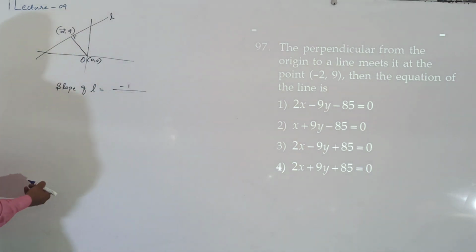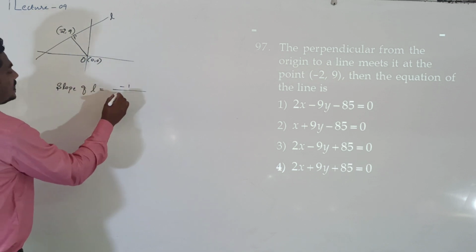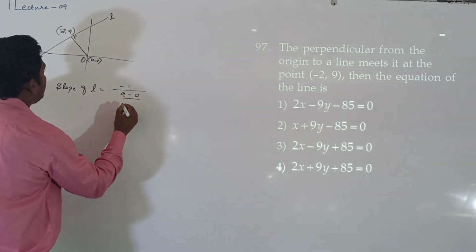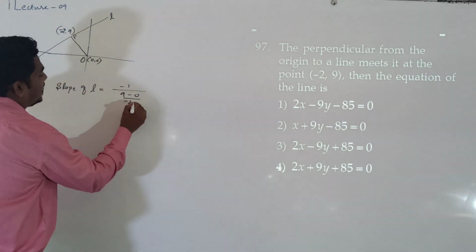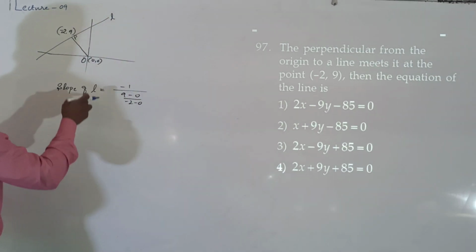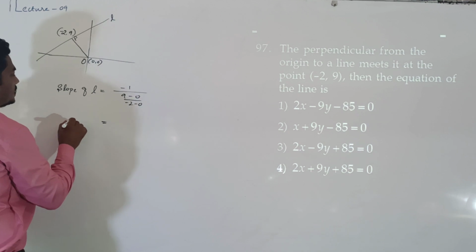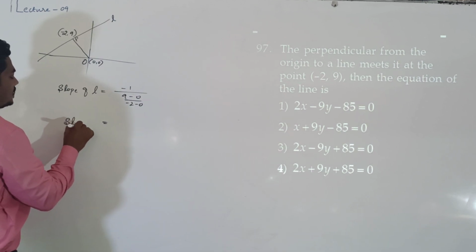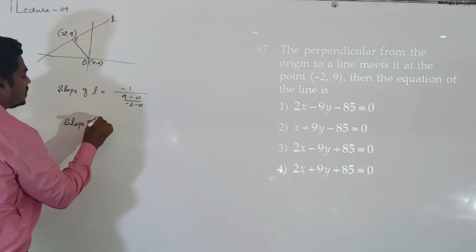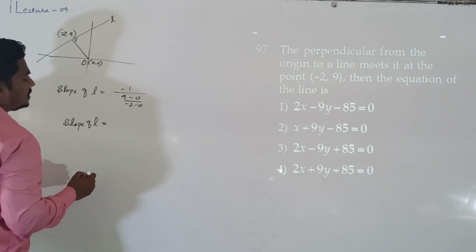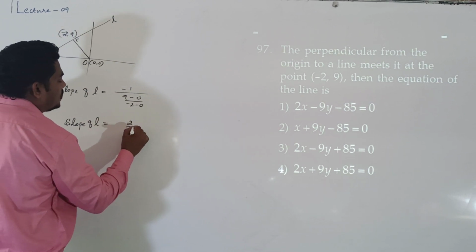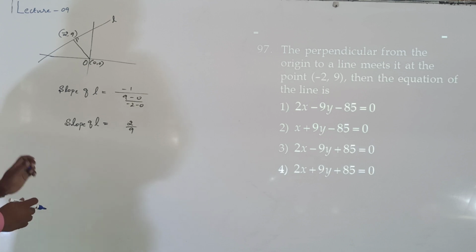Tell me what is the slope of OP line? Negative reciprocal of the slope of OP. OP means 9 minus 0 divided by minus 2 minus 0. Just use the 2-point formula. Then the slope of line L is, taking LCM, 2 divided by 9, right?